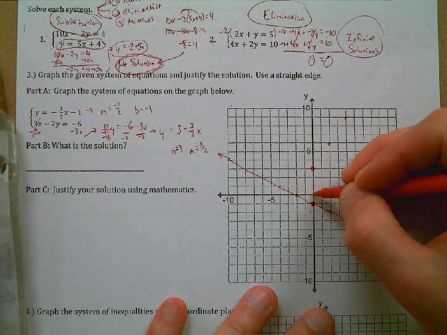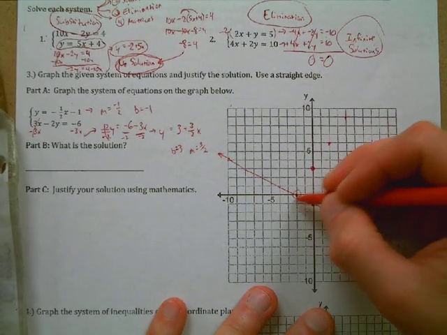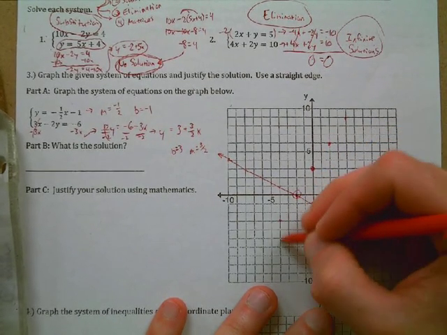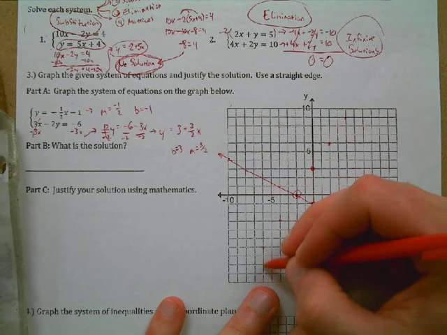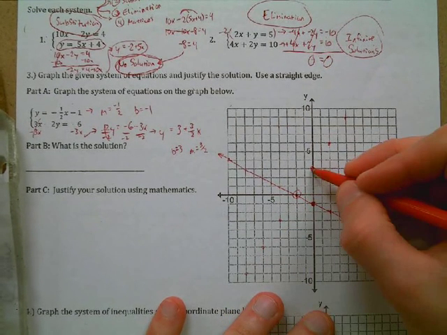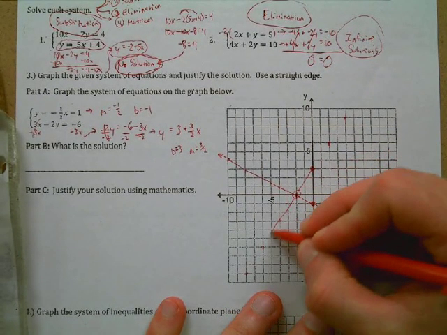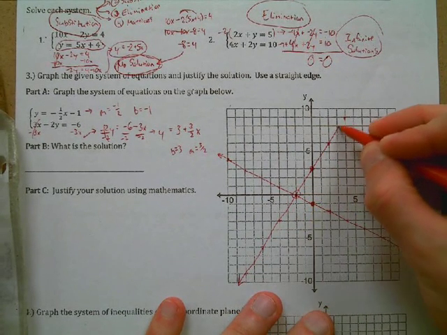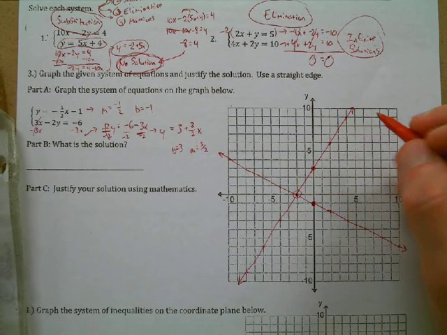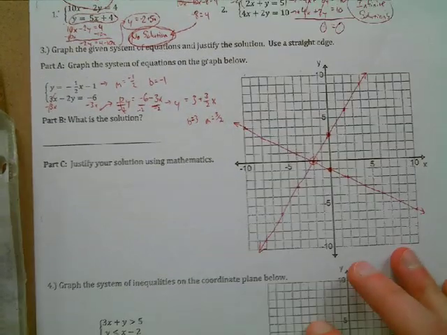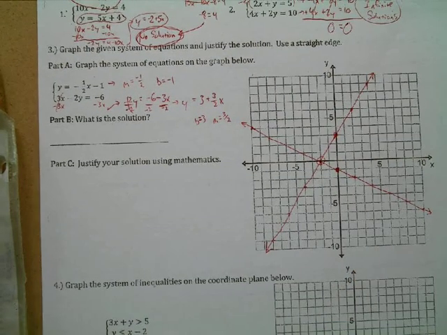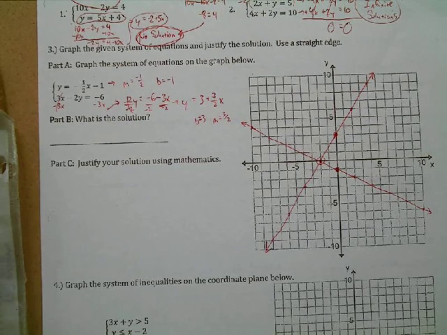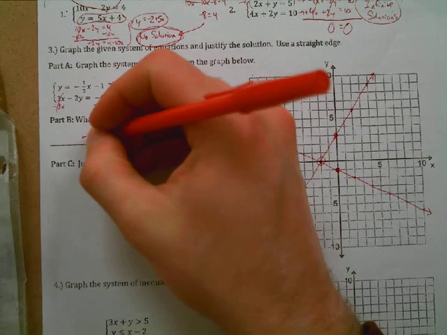There is our point of intersection. So what is the solution? -2, 0. You got it.